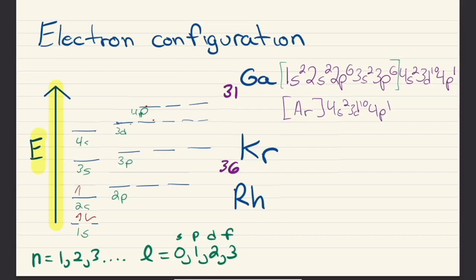And if we fill this in appropriately, we would have all of our energy levels full. And I'm going to just make a shortcut here. But remember, these are filled one at a time and then paired with opposite spins.